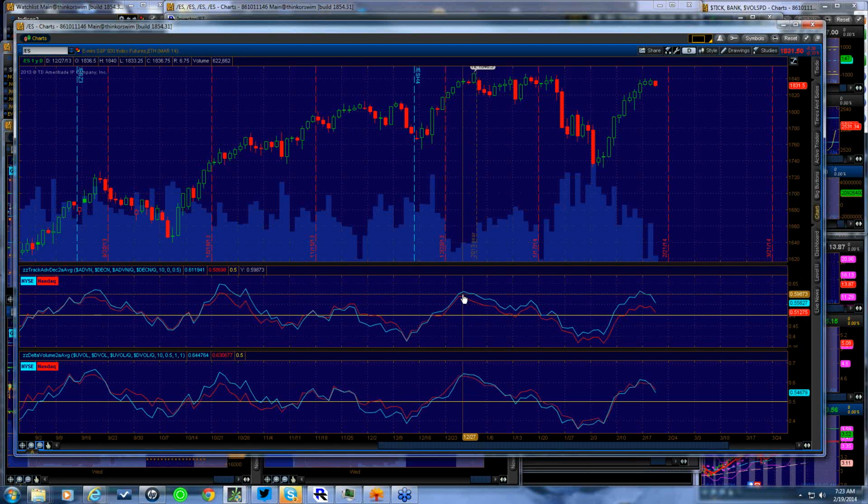Made one push higher to a lower high back on December 27th, and then weakened again, made their bottom on January 29th, and then the market's been getting stronger up until February 14th, last Friday, and it's actually showing a little bit of weakness coming in.